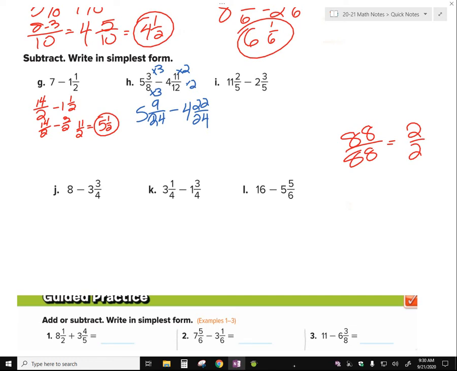But now since the fraction on the right is bigger, we could make it an improper fraction, or what we could do is borrow from the 5. We're going to rename it as being 24 plus 9 is 33 24ths minus 4 and 22 24ths.